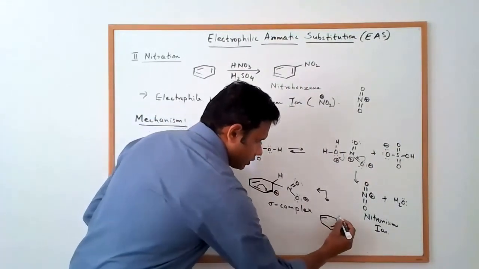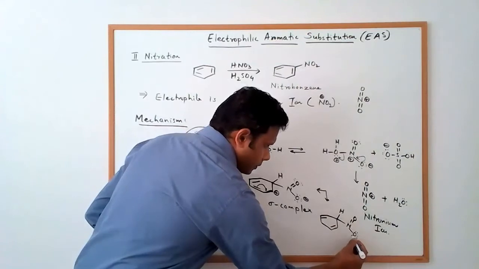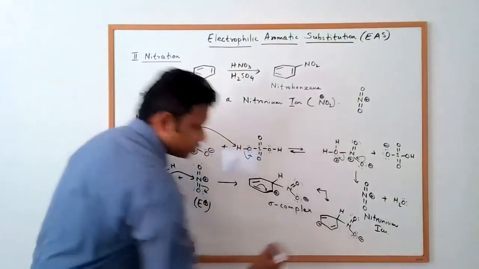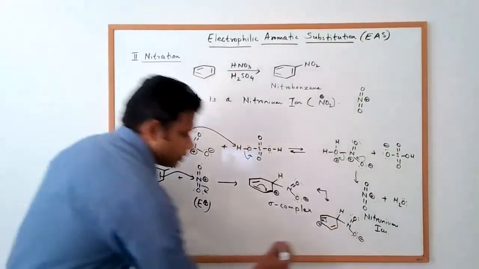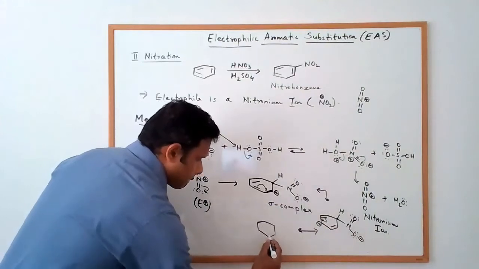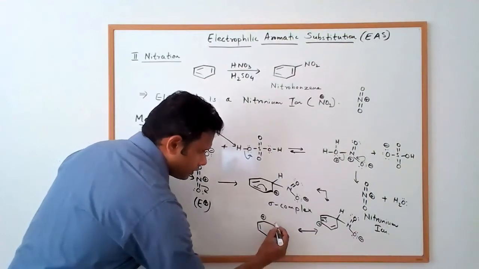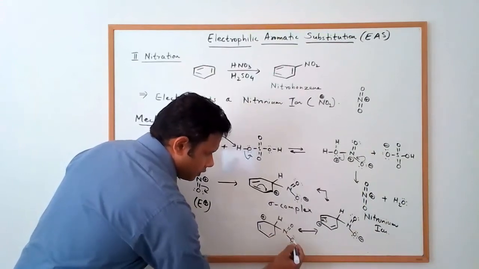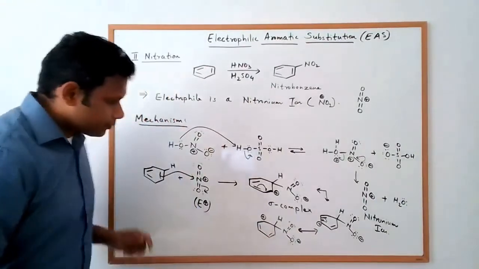Get a double bond, hydrogen, N double bond O minus, and then we've got the positive charge here. And now the pi bond can move again. So we're doing the next resonance structure. Give us a positive charge here, double bond, H, and NO2, like that. So we get that structure.